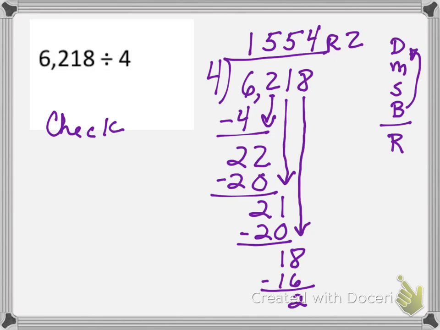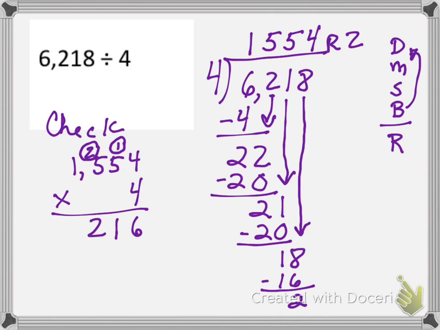All right, and we're going to check with 1,554 times it by the outside number 4. 4 times 4, 16. Put the 6, carry the 1. 5 times 4 is 20, plus this 1, 21, carry the 2. 5 times 4 is 20, plus this 2 is 22. 1 times 4 is 4, plus this 2 is 6.